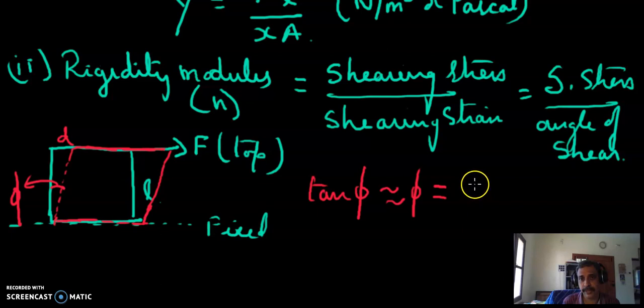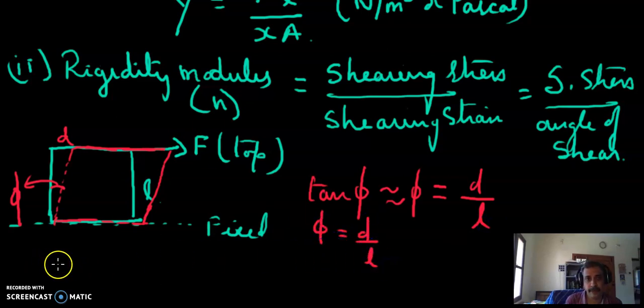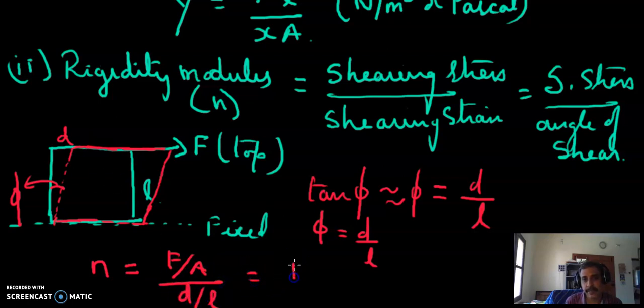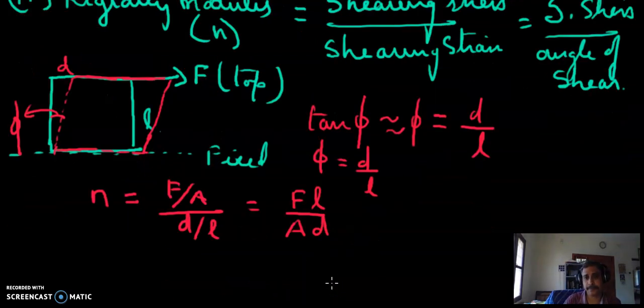Here the opposite side is D and the adjacent side is L. Therefore phi is equal to D by L. Therefore this modulus, rigidity modulus, can be written as F by A divided by D by L. That is nothing but FL by AD. Once again, here also the unit is Pascal.